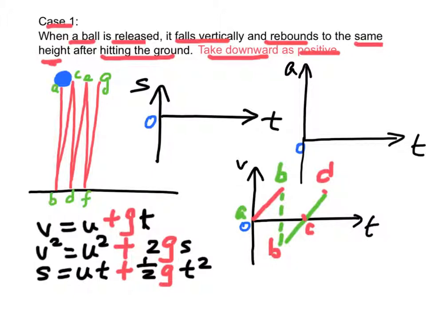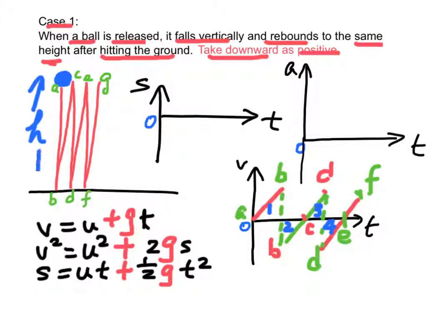From E to F, the v-t graph is again a straight line with slope equal to g. Notice that the area inside the region 1, 2, 3, 4 equals the maximum height h of the body from the ground.